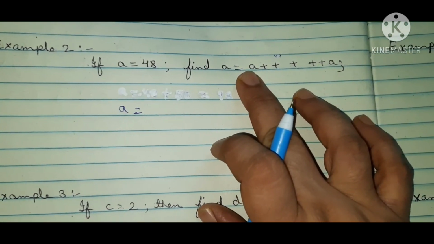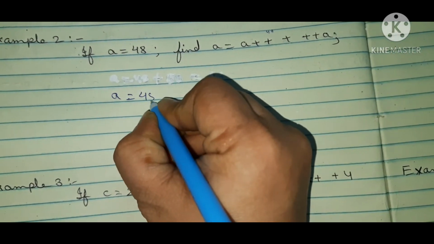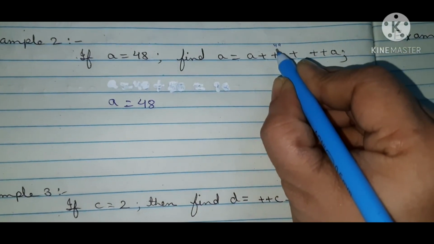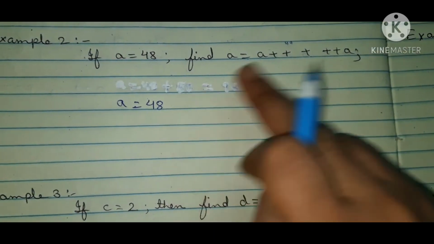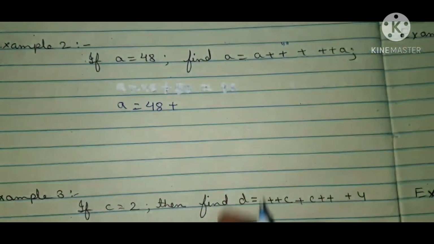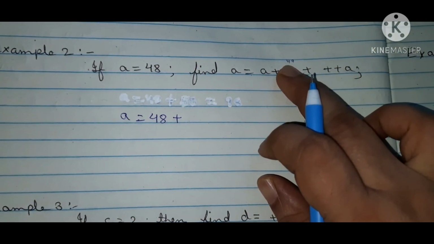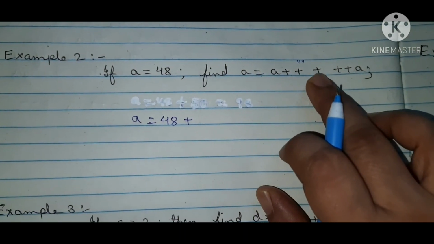First we'll write the value of a and then increase. So first we write 48, and then we have increased it to 49. First we have written, then we have increased. Then we'll give the plus sign.